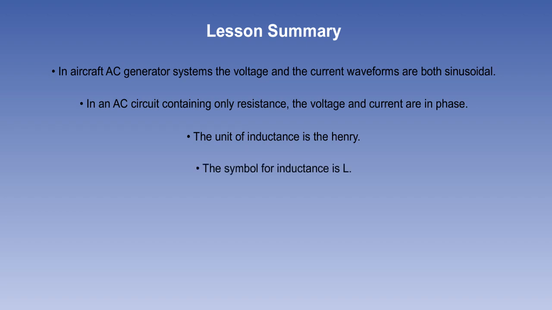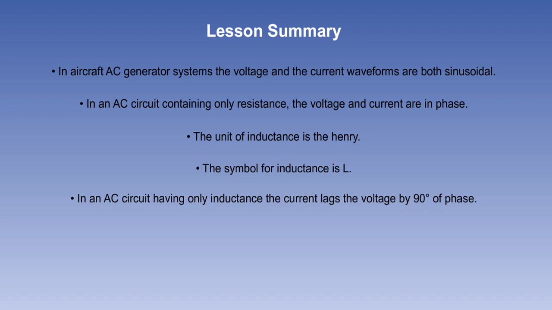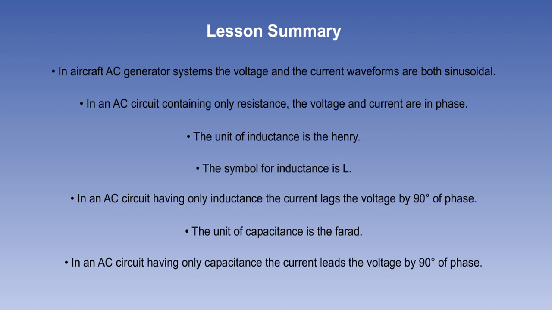The symbol for inductance is a capital L. In an AC circuit having only inductance, the current lags the voltage by 90 degrees of phase. The unit of capacitance is the farad. In an AC circuit having only capacitance, the current leads the voltage by 90 degrees of phase.